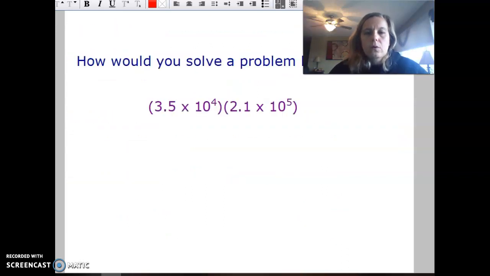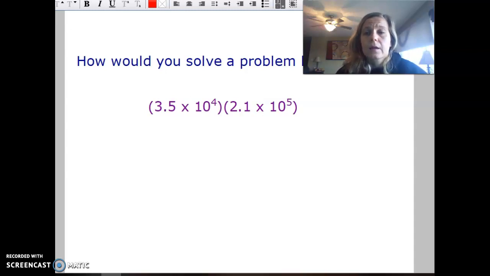Now, sometimes they're going to give us problems where we have 2 numbers in scientific notation we have to multiply or divide together. We want to do this because if we wrote these out in big normal form, it's going to be a lot of work to do. If you think about order of operations and the concepts we've gone over this year, you got to think about how you would solve a problem like this.